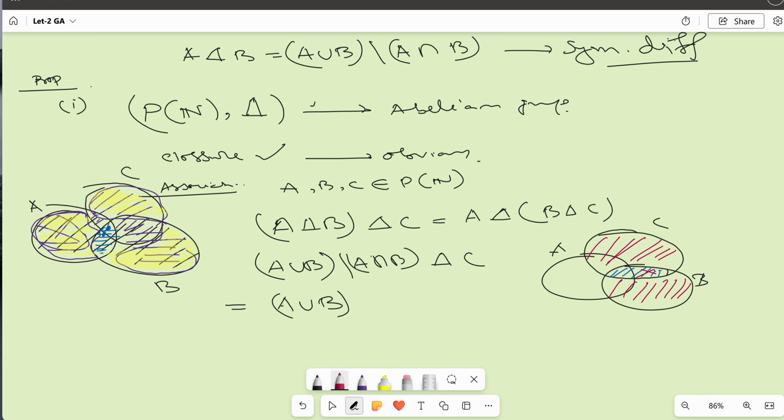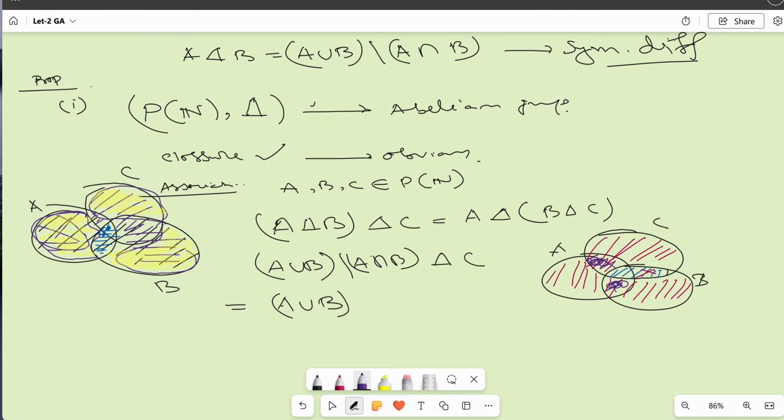it is with A. So this total area union A, that means this red area with total A, minus this total area, that means you have to remove this part and this part. So you are actually getting exactly this one, right?